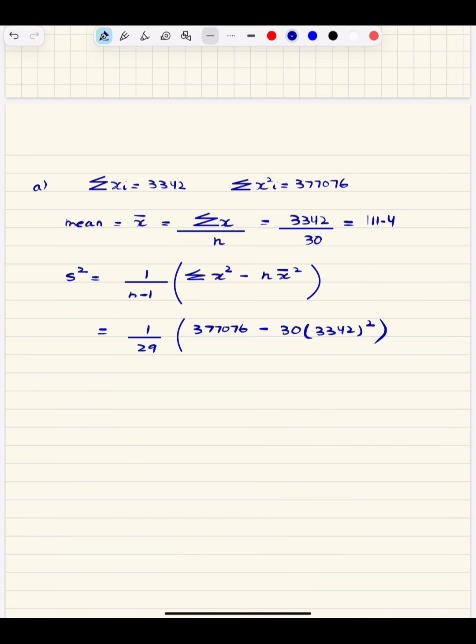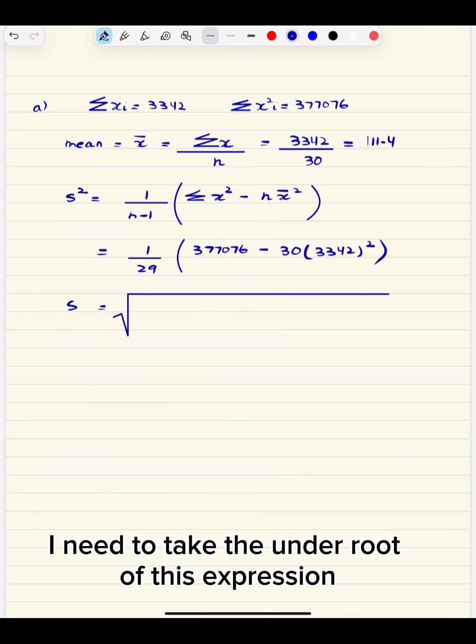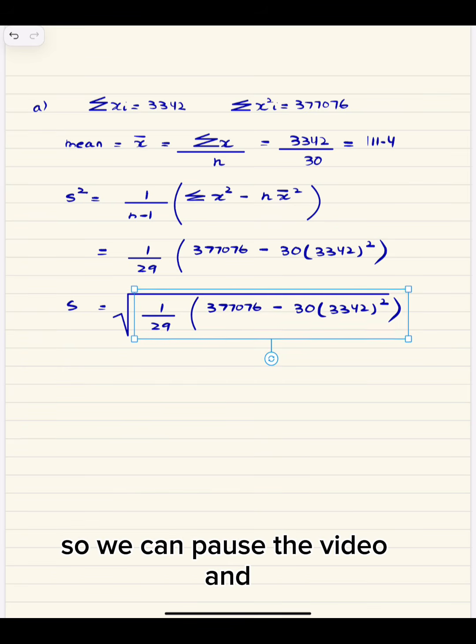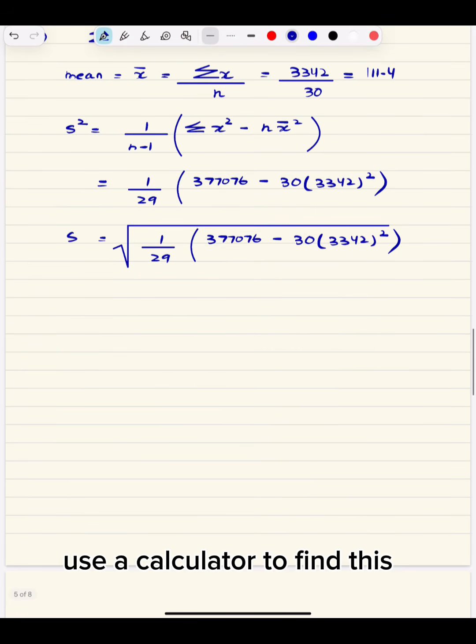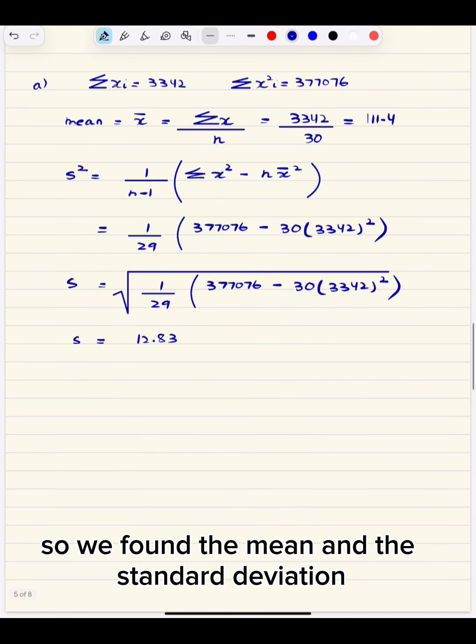And then to get the standard deviation, I need to take the square root of this expression. So we can pause the video and use a calculator to find this, and the answer is going to be 12.38. So we found the mean and the standard deviation.